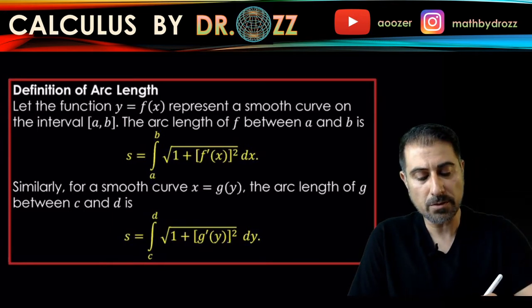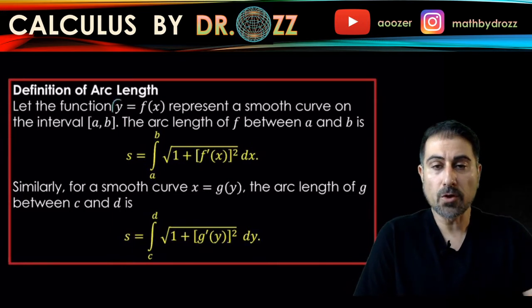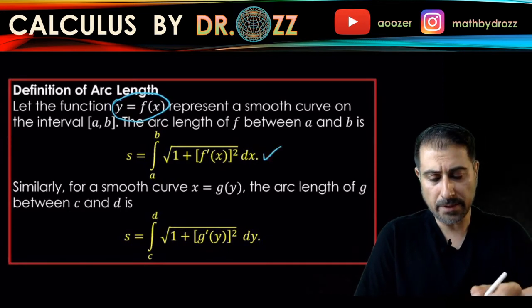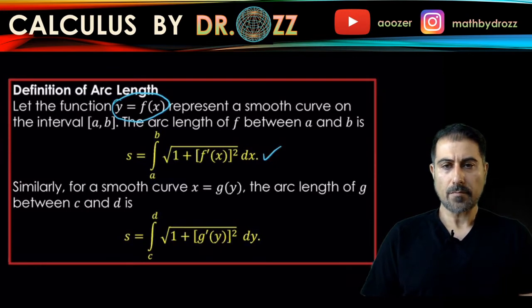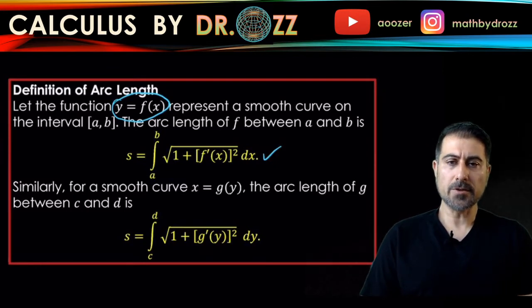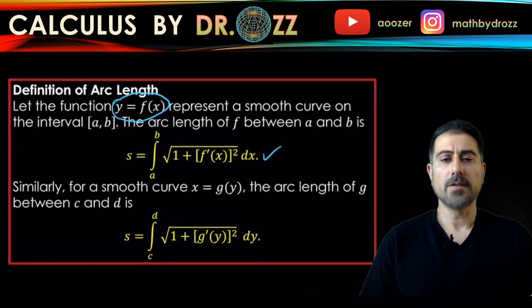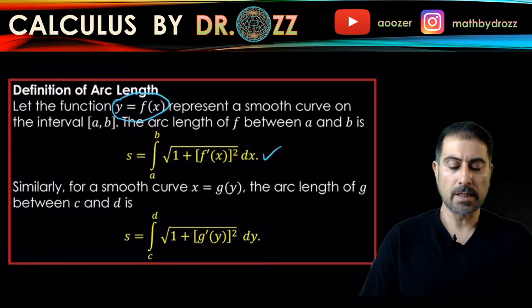If it is provided as y equals f of x, go ahead and use this formula to find the arc length. Let's say you have the interval a b, and the arc length is the integral from a to b of the radical of 1 plus the derivative of the function squared, dx. So all we need is the derivative of the function to be able to write down this formula.